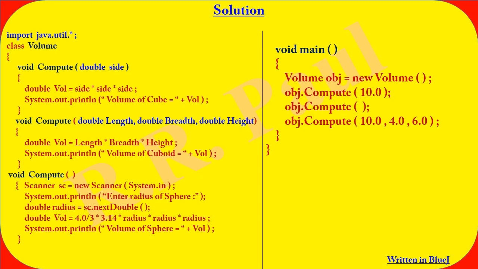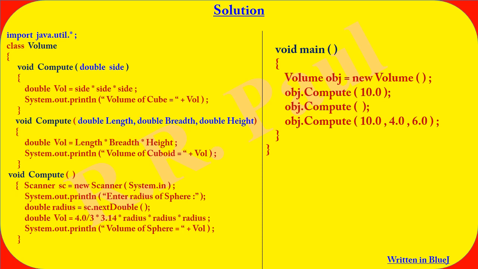So I have taken one more function, main, in which the object of the volume class is declared, and through this object the compute function is called 3 times. But these 3 compute functions actually have different parameter lists.